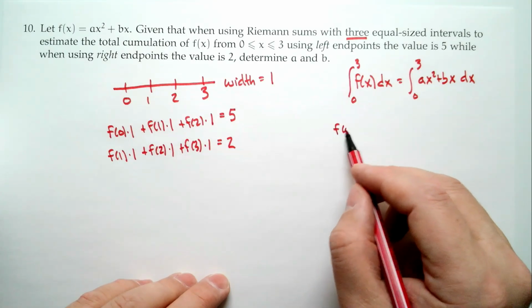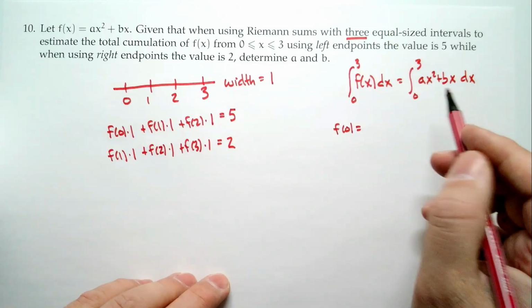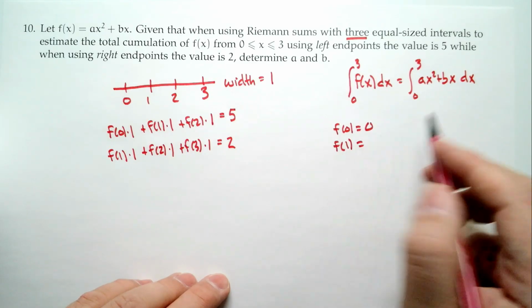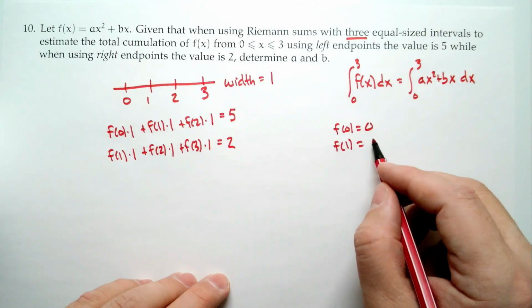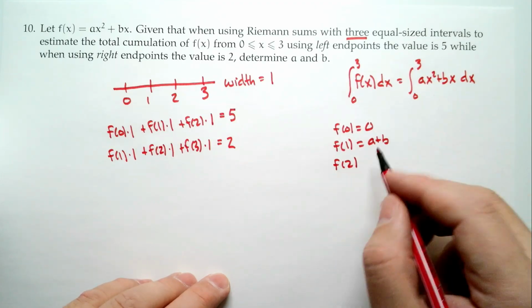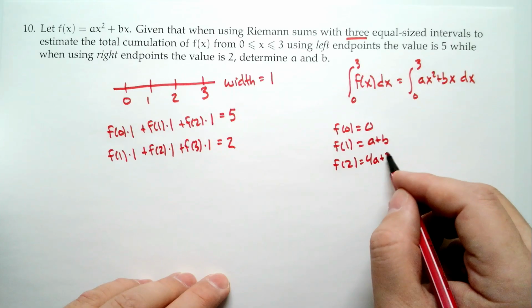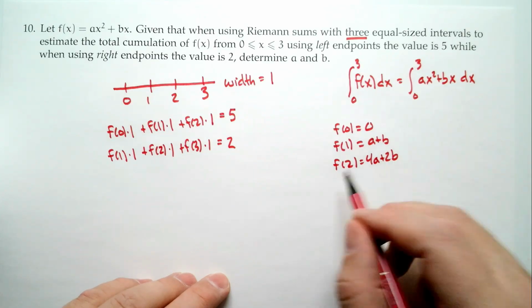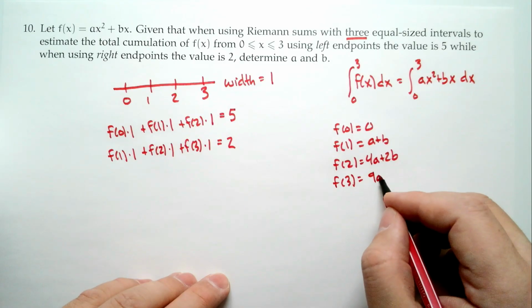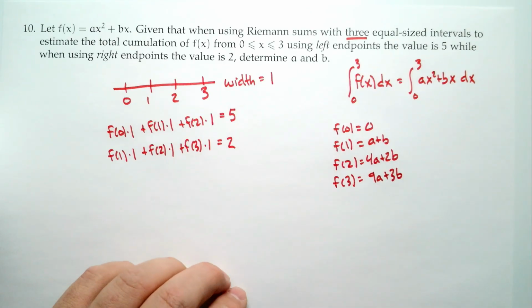The function at 0, well, that's 0 plus 0, 0. Function at 1 is a plus b. And the function at 2 would be 4a plus 2b. And the function at 3 would be 9a plus 3b.